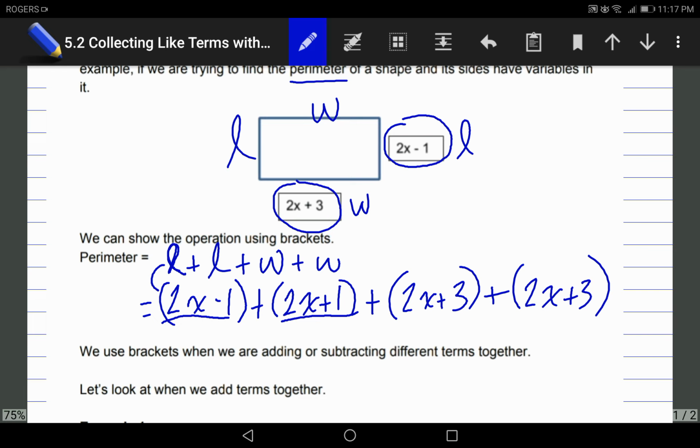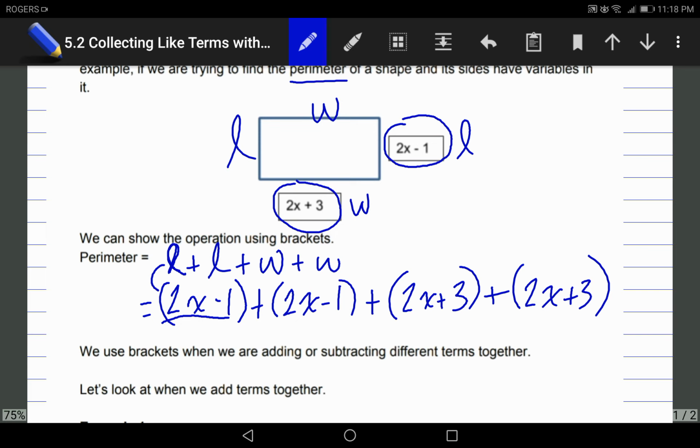And when we have that situation, you can see that nothing really changes here. Oh, and I just realized that it's not 2x plus 1 here, it's 2x minus 1. When we have that situation and we are adding these brackets together, nothing really changes. We almost don't even need to show the brackets because when we're adding them together, it ends up being the same thing anyways.